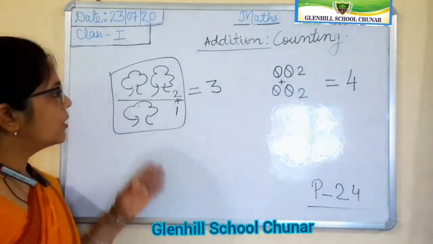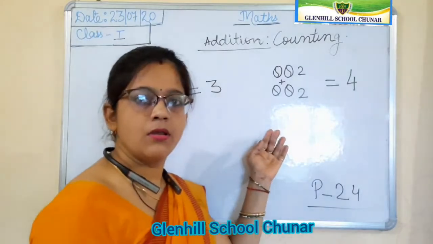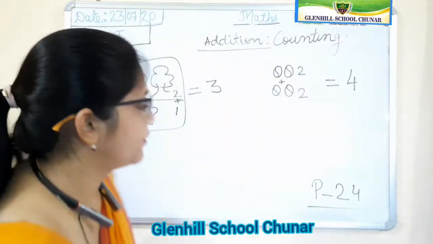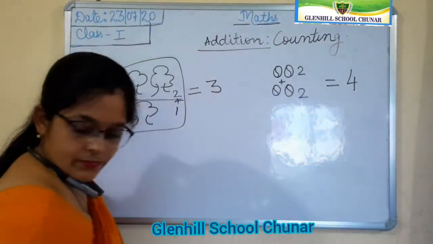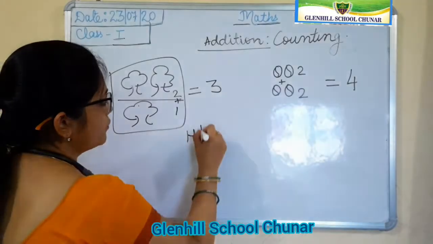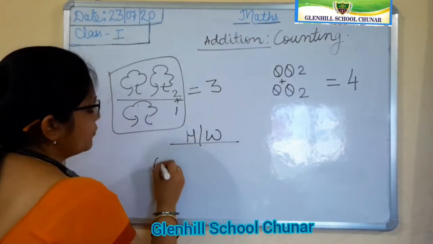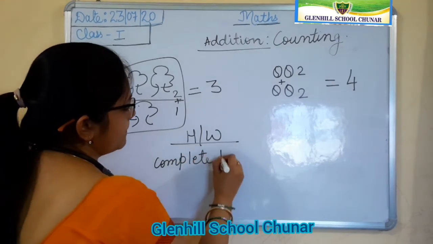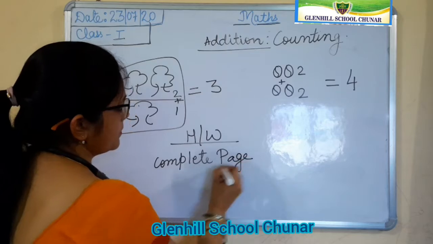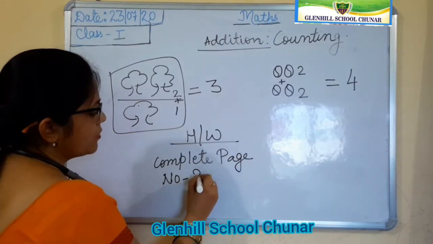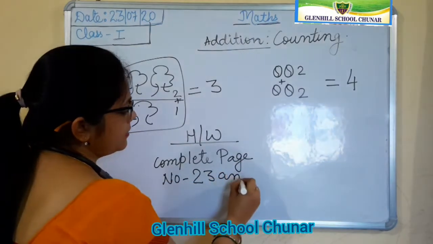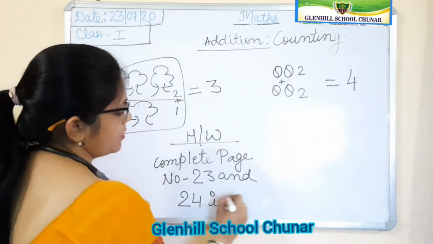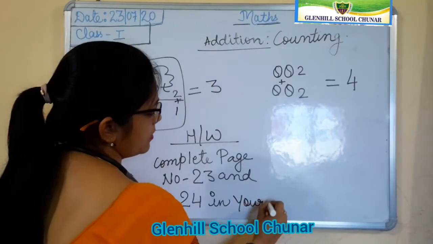So you all understood this? I hope you all have understood this. Okay, so what you have to do today, your homework for tomorrow. Now you have to complete page number 23 and 24 in your book.